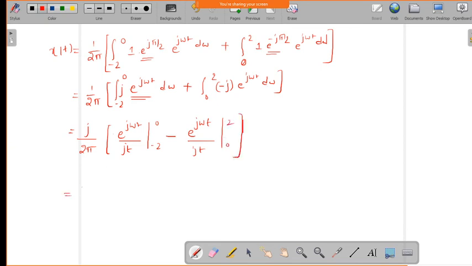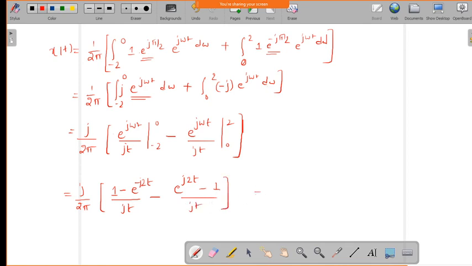So this will give j by 2 pi into 1 minus e power minus 2t. If you put the value of omega minus 2, we'll get e power minus j2t by jt, minus e power j2t minus 1, divided by jt.